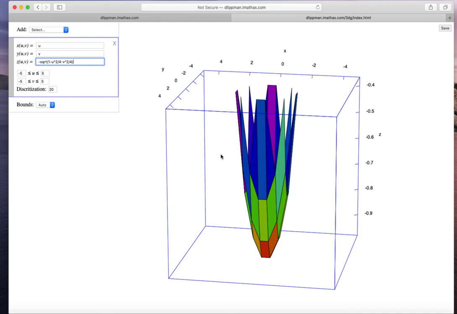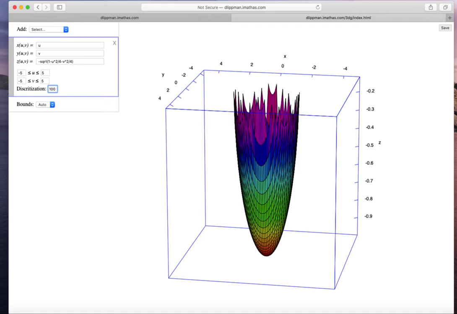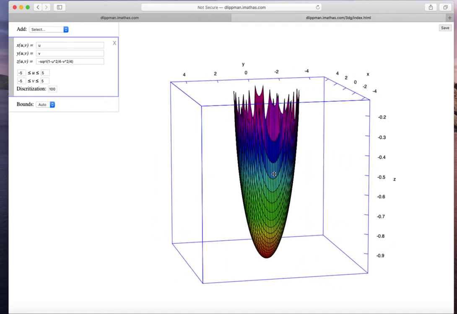All right, and that's just kind of grainy because we need our discretization to be a little better, so we're going to go like that. Okay, and there's the picture we get.